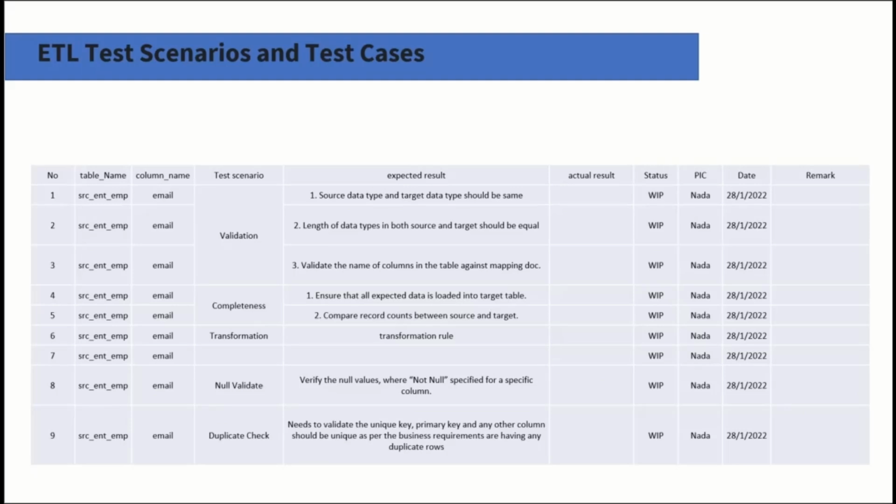This is a sample of the test case that testers should follow. This one is for one column. Please note that each column in the table should be tested with these different scenarios, one by one, until all columns are passed. The most important part in the test case is the actual result and the status.